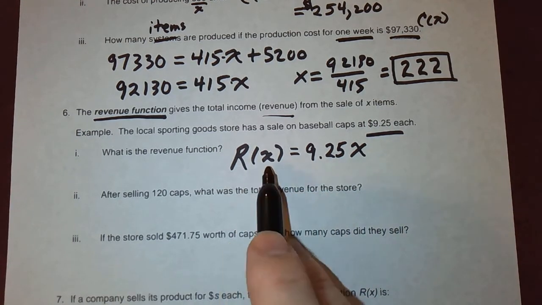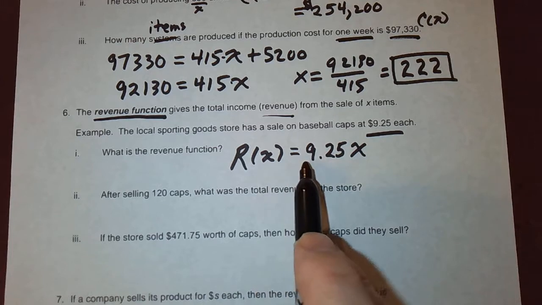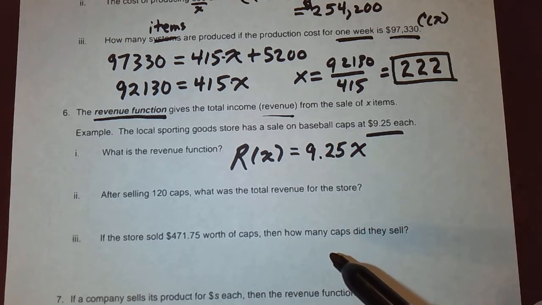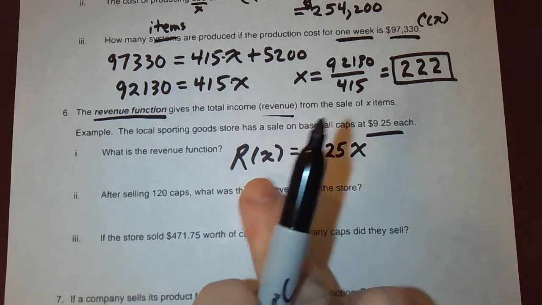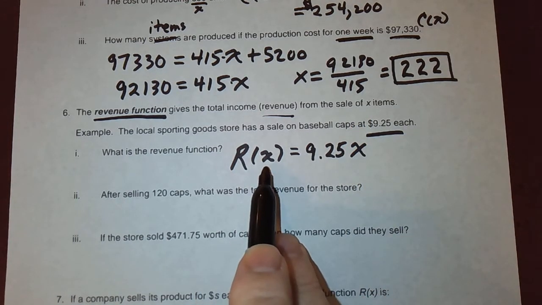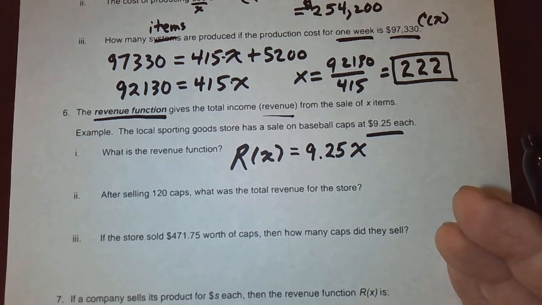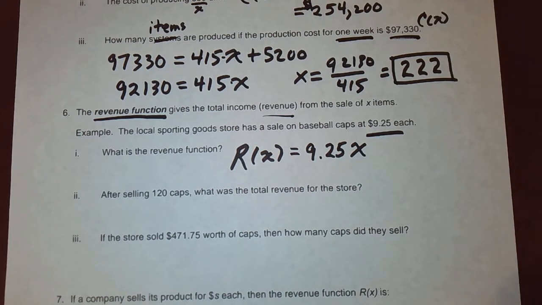So if x is 0, if you produce no hats and sell no hats, then R of 0 would become 9.25 times 0, which is 0. No hats, no money. So if x is 1, then R of 1 would be $9.25. That's the income or revenue from selling one hat.